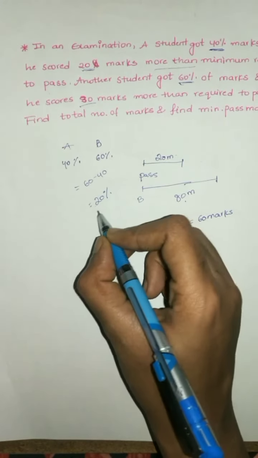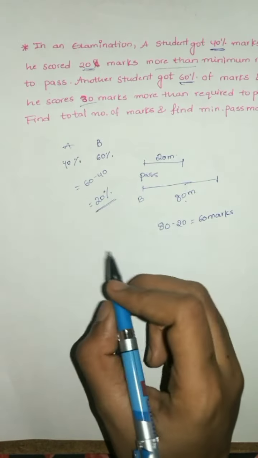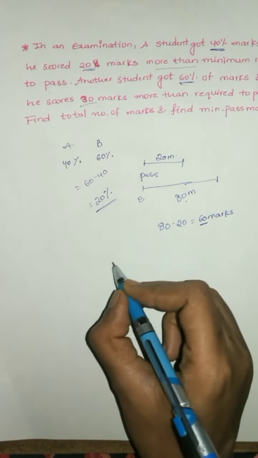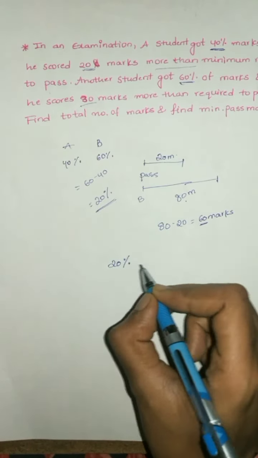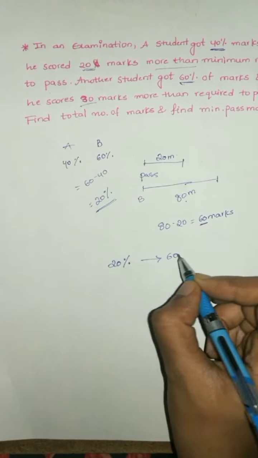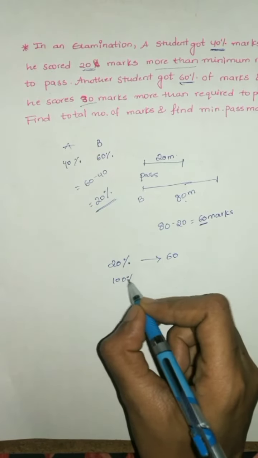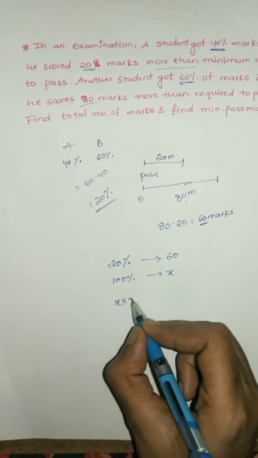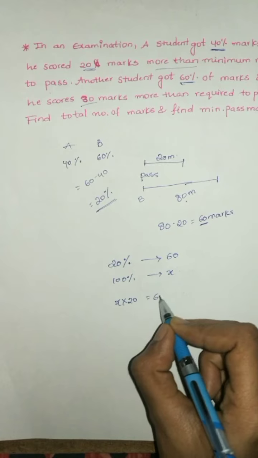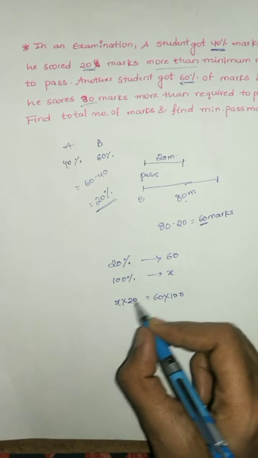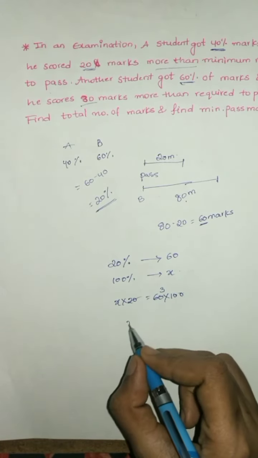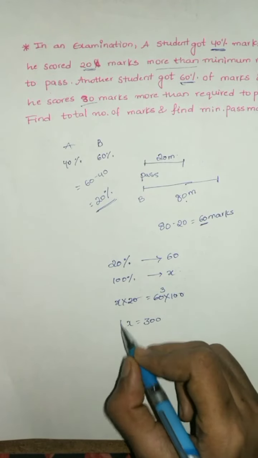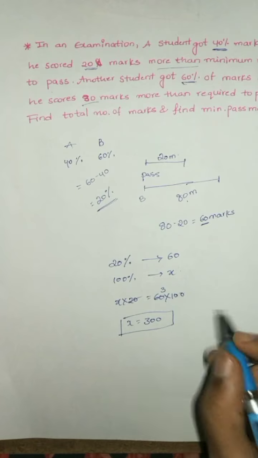The difference between their percentages is 20%, and the difference between their marks is 60 marks. So if 20% of marks is 60 marks, what is the 100% marks? x into 20 is 60 into 100, so x is 300. The total number of marks is 300.